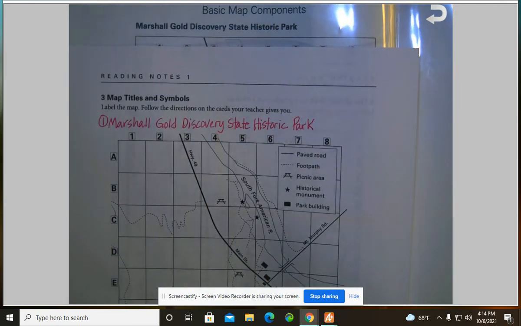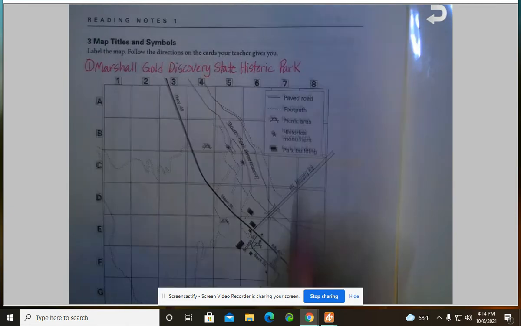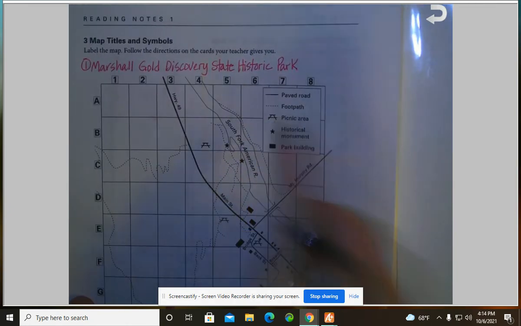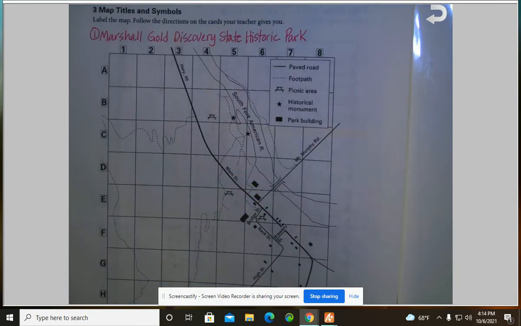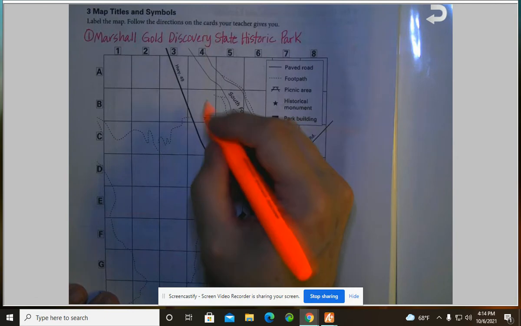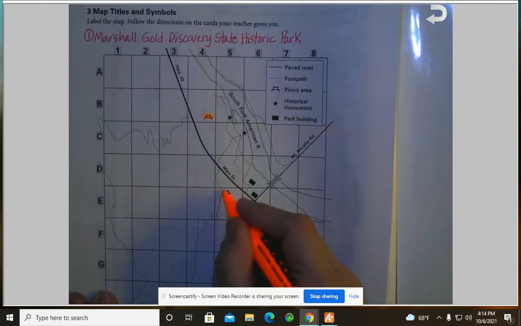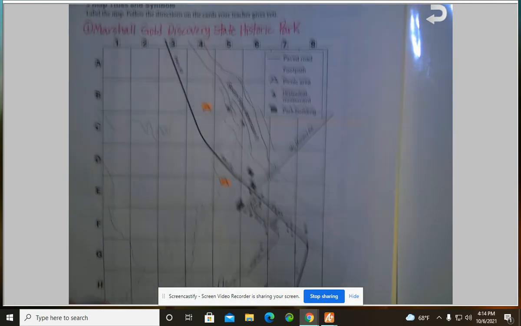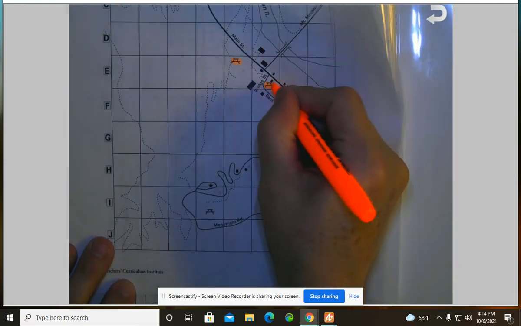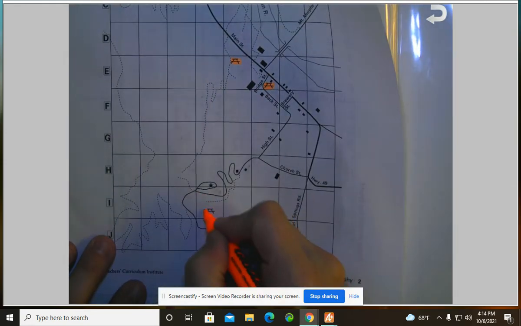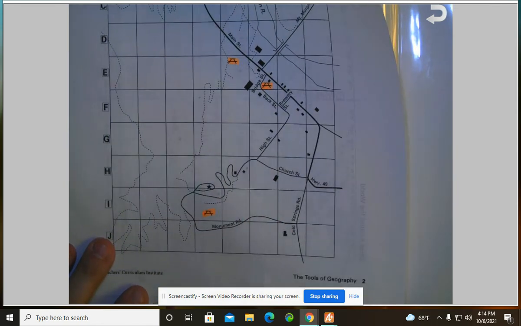Number 2, how many picnic areas does the park have? So we're going to look for the picnic areas. So these are picnic tables. Based on our map, we know that one is here, another's here, one is here, and one is here, equaling 4.